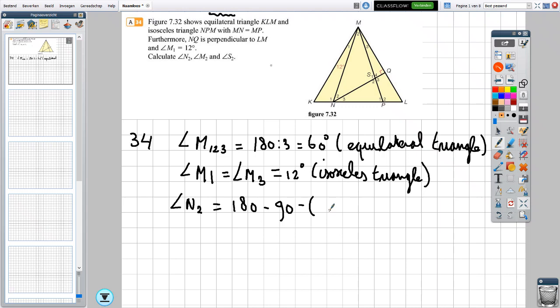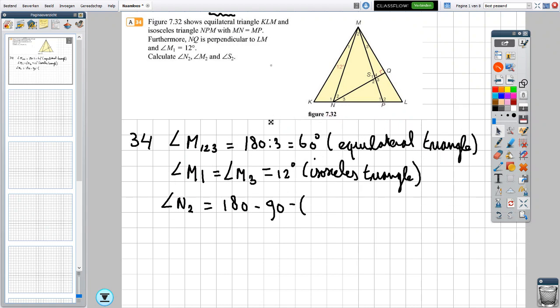Why am I doing it like this? I could better just first calculate angle M2. I only want to take that small part right here. Are you going to allow this? Yes or no? For some reason, no. So okay, I'm going to back off for a bit.